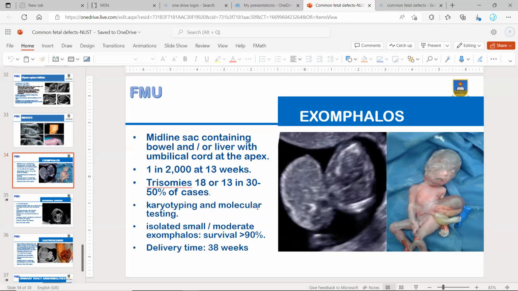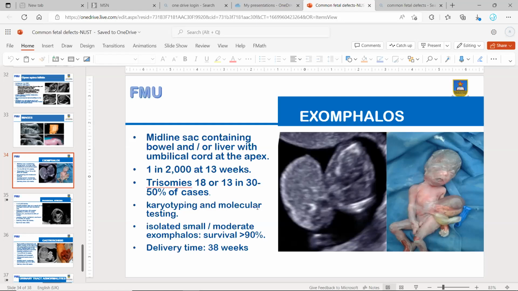For an exomphalos, what kind of description will help with the postnatal prognostication? We want to know if the sac contains the intestines only, or if there is liver involved. The bigger it is, the trickier it is in terms of the size.